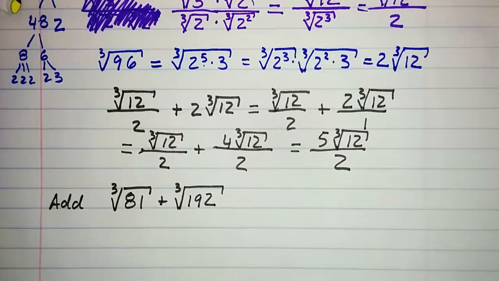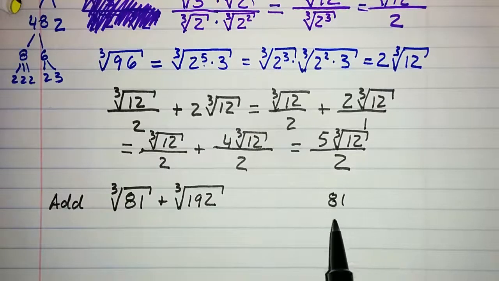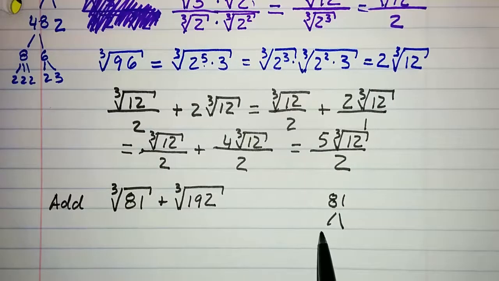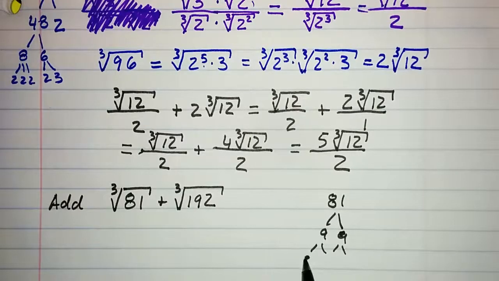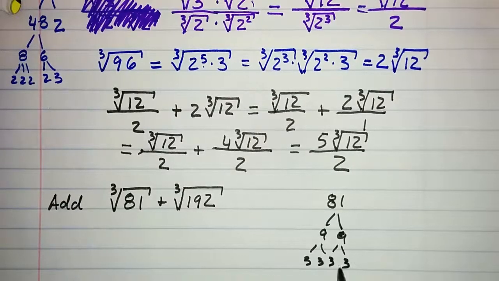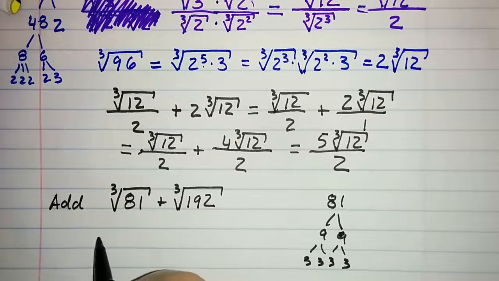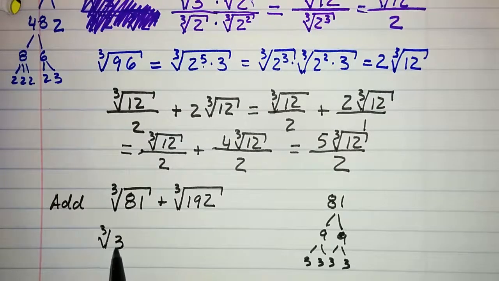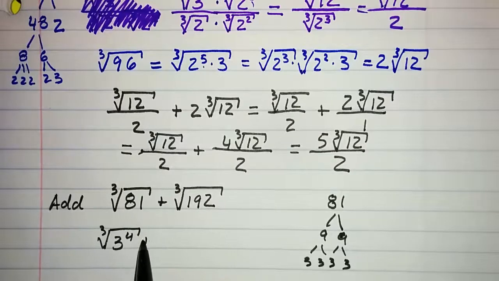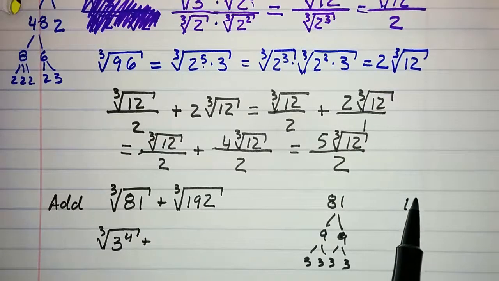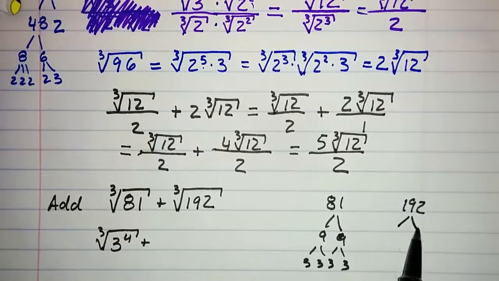All right, in order to simplify these, we're going to have to factor each of these numbers into primes. So let's see, 81 is 9 times 9, is 3 times 3 times 3 times 3. So we've got the cube root 3 to the 4th. 192, that's even.